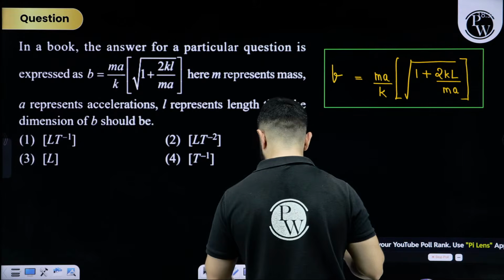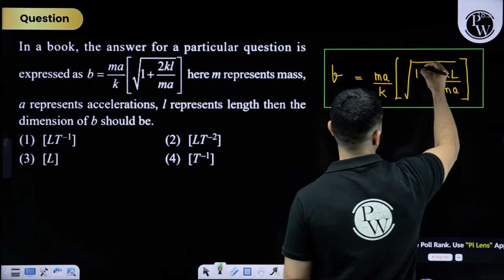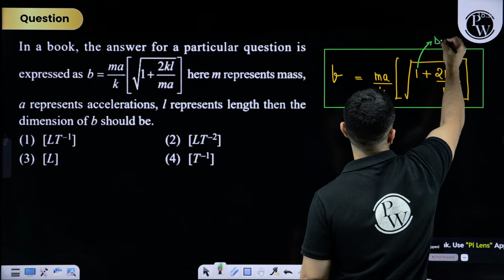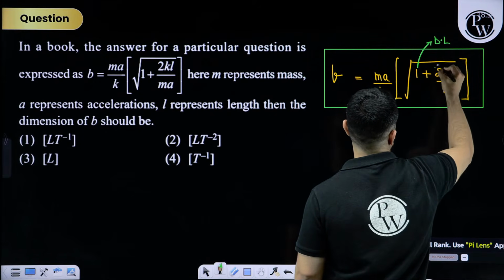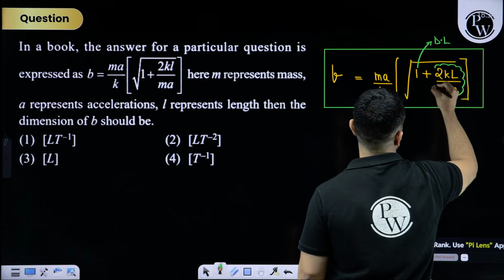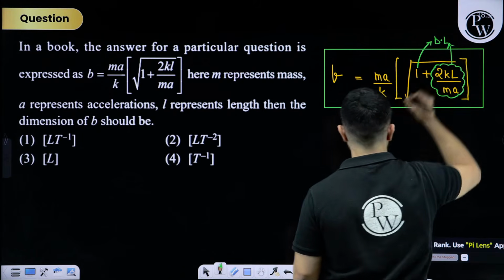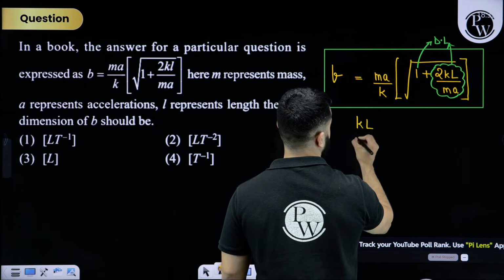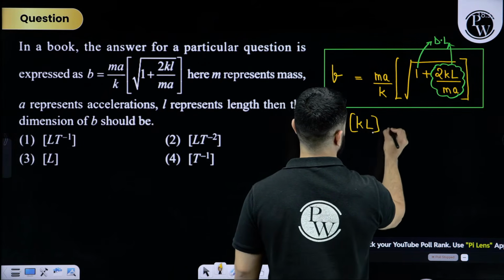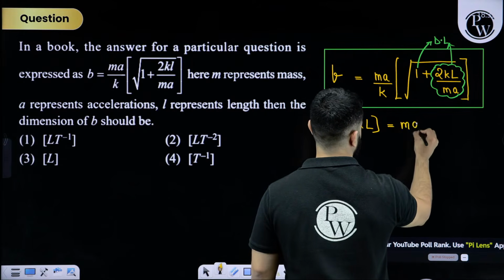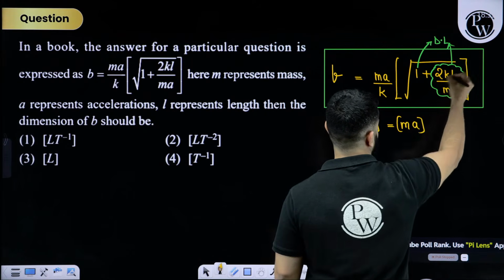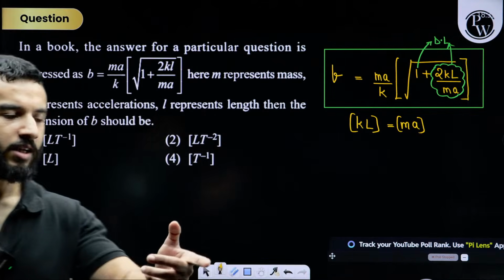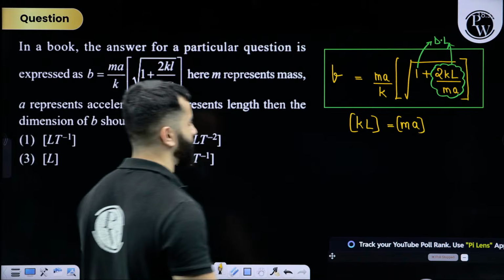My dear friends, inside the under root I can see a 1 written over here, and I am taking this as dimensionless. So this entire thing will become dimensionless, which means that KL will have the dimensions of MA, so that both of these dimensions get cancelled out and it again becomes dimensionless, right? So KL will have the dimensions of MA.